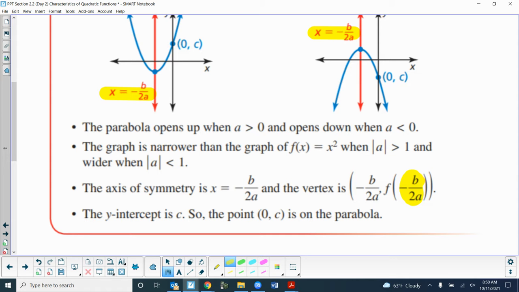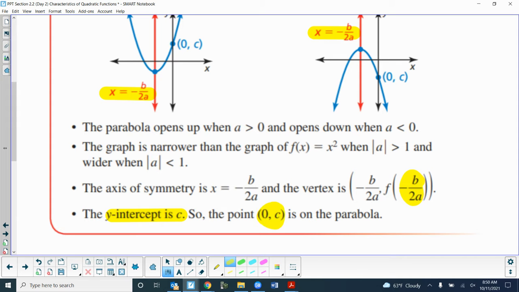Okay, so now whatever we got for x, for the axis of symmetry, was the x value of the vertex, and then we substitute that number in f of x, which means putting it in place of x into the function, to find the y value. Okay? And the y-intercept is the c value.